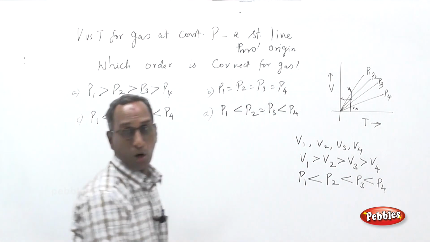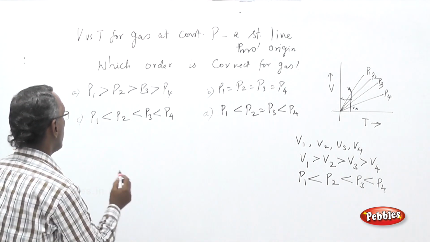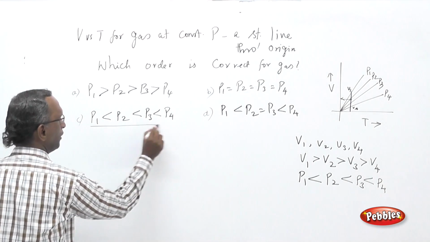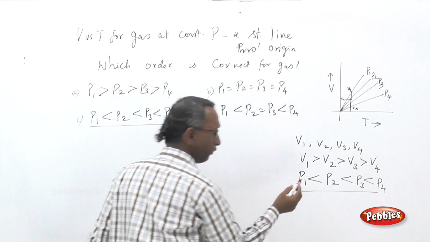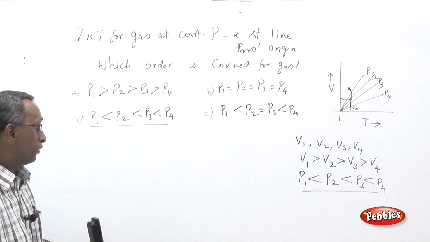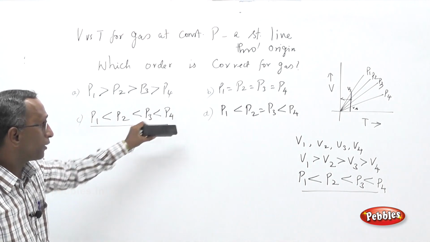So for this plot, application of Boyle's law fixes the correct order as that of C, which reads P1 is less than P2, less than P3, less than P4.